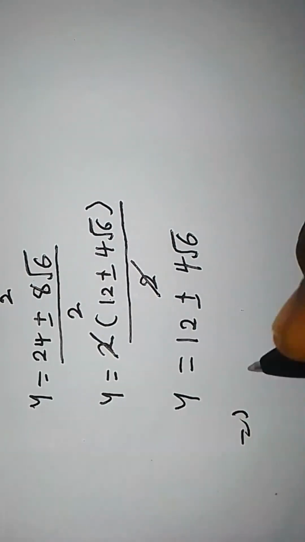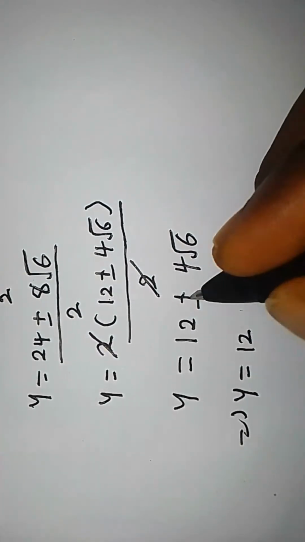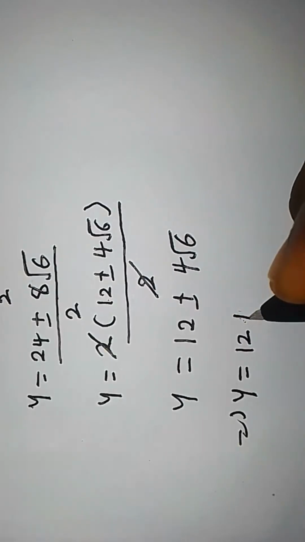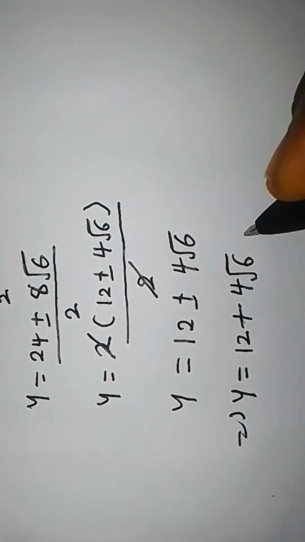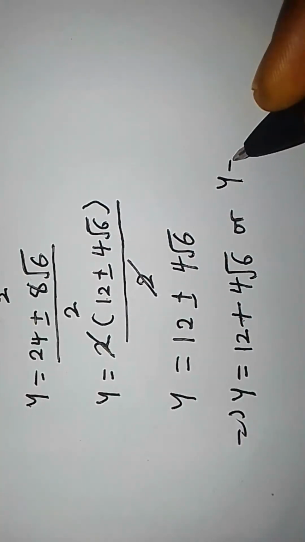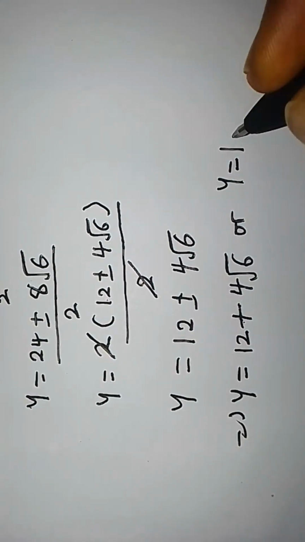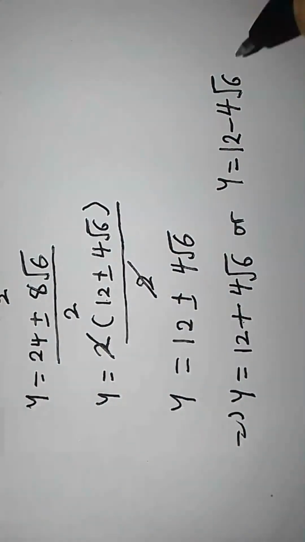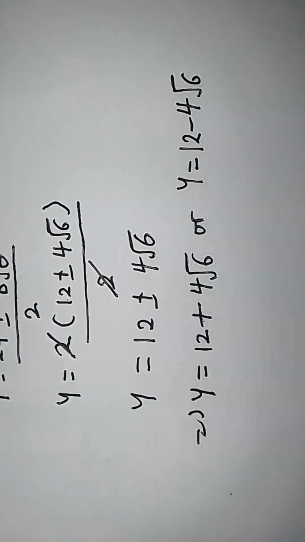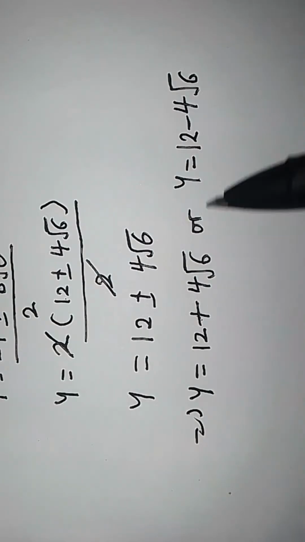This implies that y is either equal to 12, considering this positive sign, we have plus 4 root 6, or y is equal to, considering this negative sign, 12 minus 4 root 6. You will see that we have two values for y.